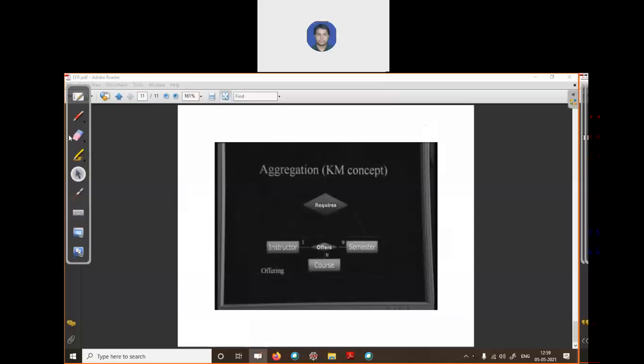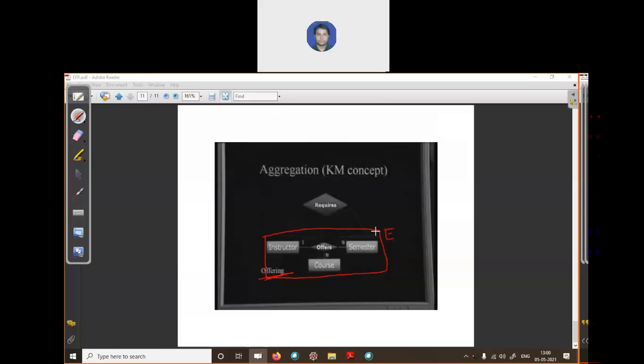Like here, the complete relationship we discussed, we are showing it as one entity, and we have given the name offering. The complete relationship, instructor offers courses in a particular semester, we are representing as a single unit, one entity.